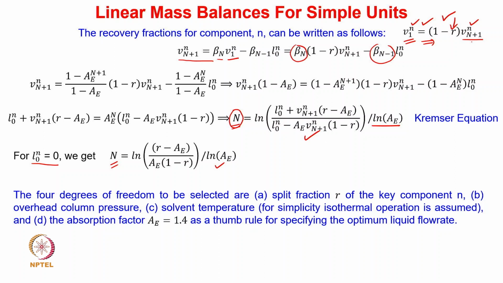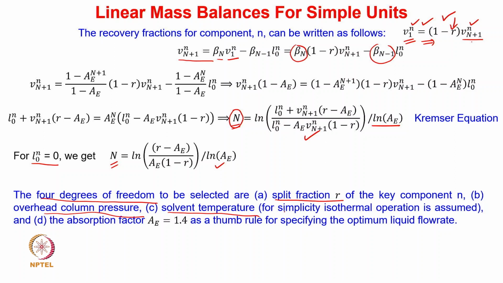Now remember, at the start of this absorption unit, I said that there are 4 degrees of freedom. The first variable we have to specify is the split fraction R of the key component N. Then we have to specify the overhead column pressure. We have to specify the solvent temperature, that is, the temperature with respect to capital L. Remember, capital L is the molar feed rate of the solvent to the absorption unit.